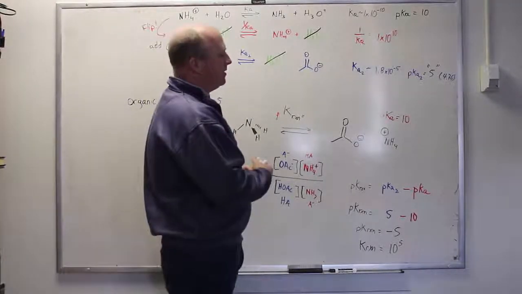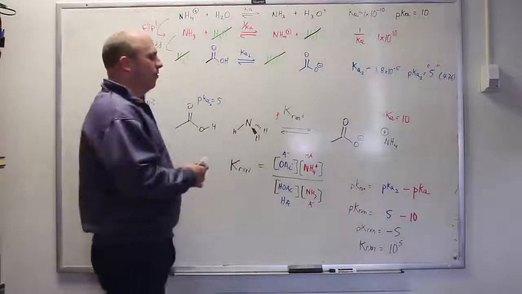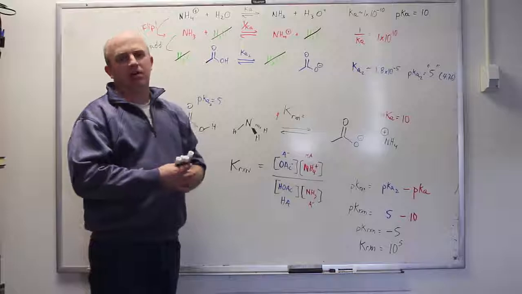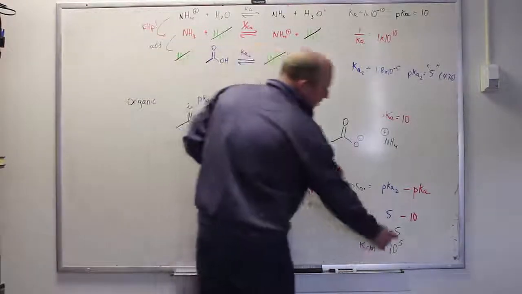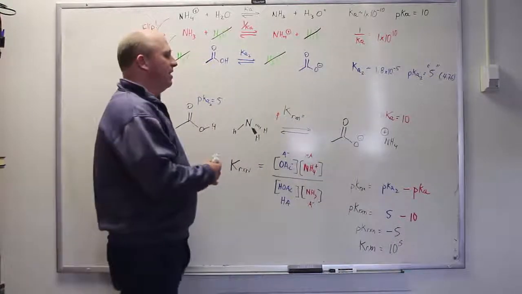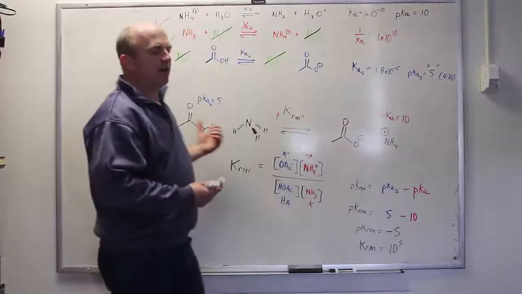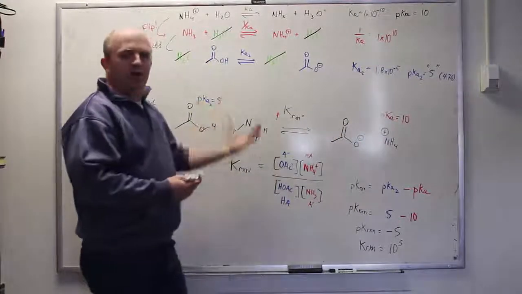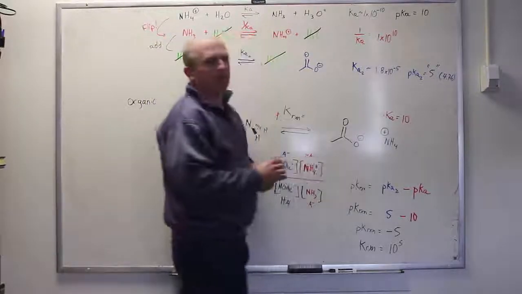But in the context where you have 10 to the 23rd molecules in a flask, or possibly 10 to the 21st molecules in a flask, if you're working on millimole scale, then 10 to the 5th is actually a relatively small number in that context. Even if you have 100,000 of these products for every one of these reactants, you have a fair number of reactants present, just because of the sheer volume of molecules inside your flask.